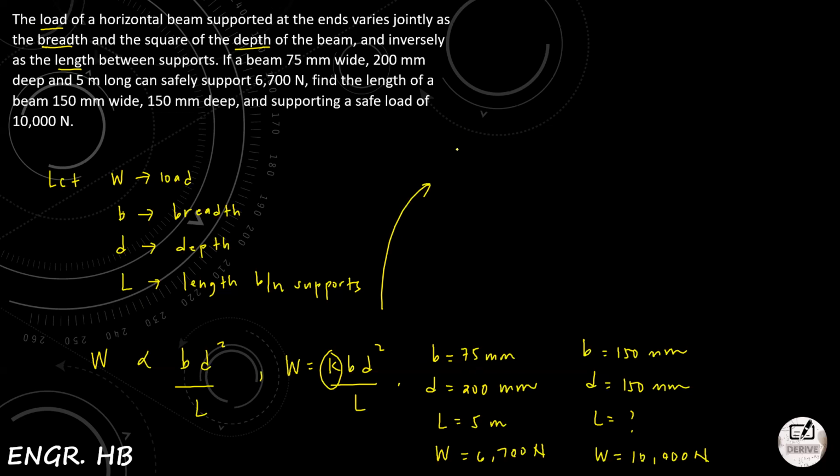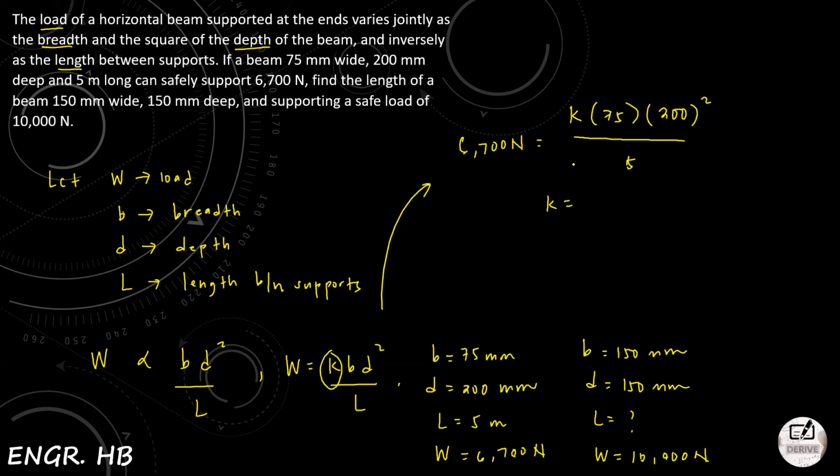So that will become W is 6,700 Newton. Again, guys, be careful for the units. Dapat pare-parehas yan. 6,700 is equal to K times 75 times 200 squared all over length, which is 5.